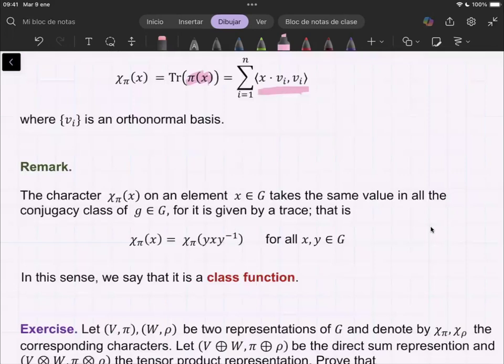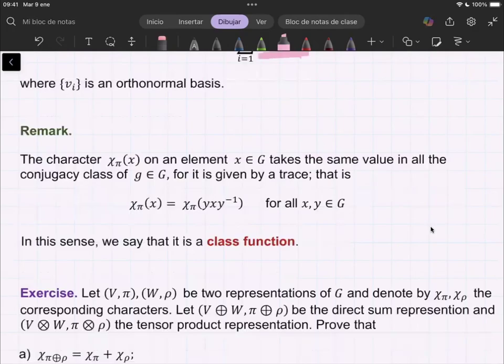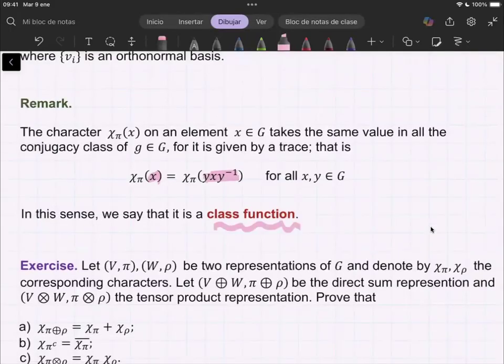As the characters are given by traces, the character has the same value for all the elements in the same conjugacy class of G. That is, if we compute the character on an element and on any conjugate of it, we get the same value, and for this reason it is called a class function.